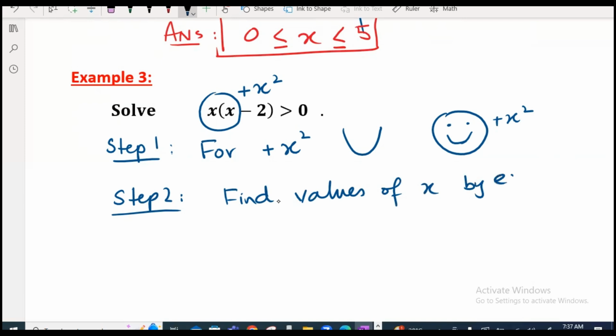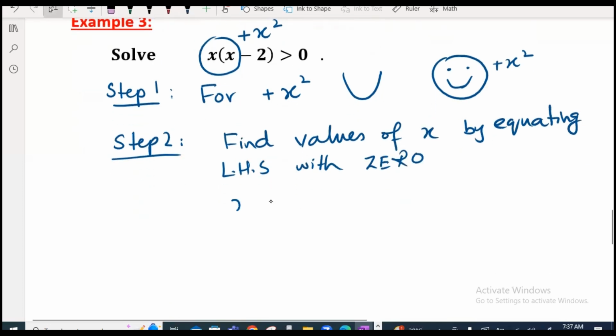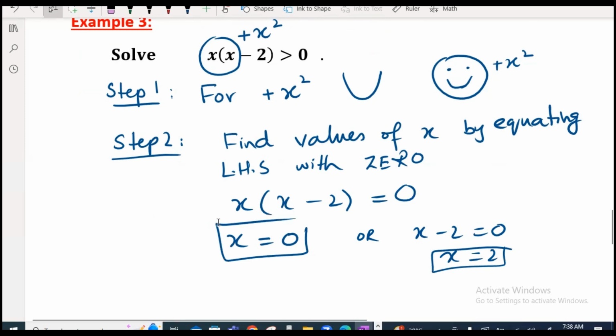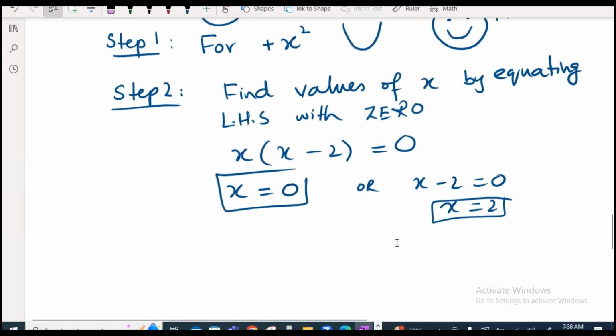So x times x minus 2 equals 0. Let us assume this. One factor x equals 0, or the other factor x minus 2 will also be 0 here. So x equals 2 or x equals 0. There are two values of x, 0 and 2 here.